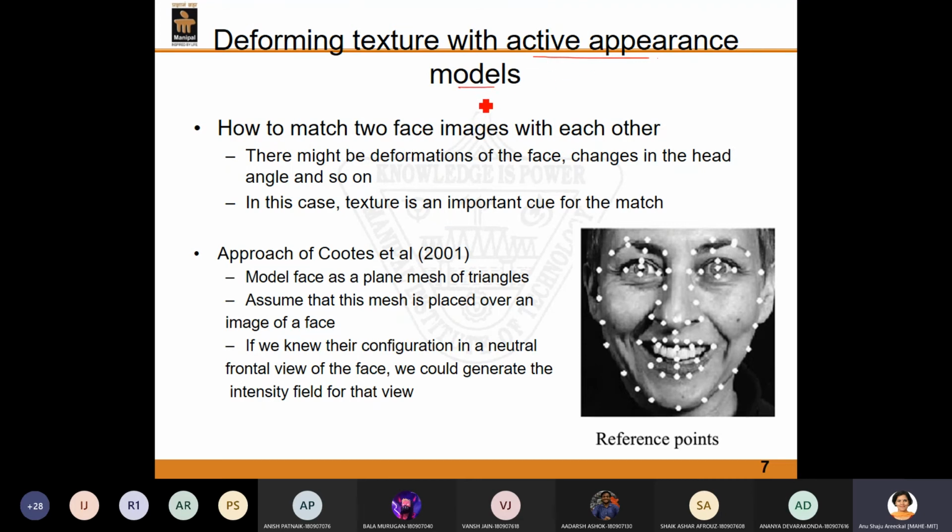Active appearance models are very popular in applications like face detection, face recognition, emotion recognition, or deforming face images to create different emotions, etc. It's not just the face, but it has been most popularly worked on face images, though active appearance models are used for other deformable objects also. So we'll first try to understand how active appearance models work with respect to face images.